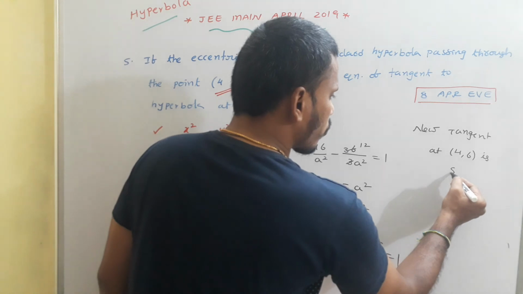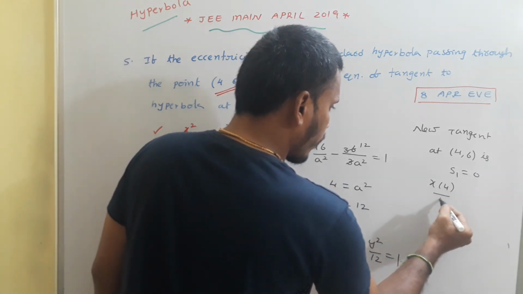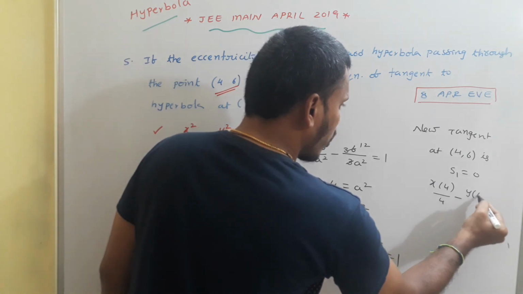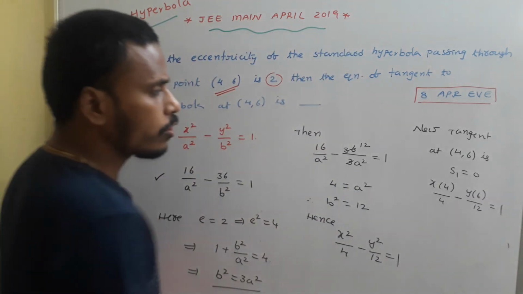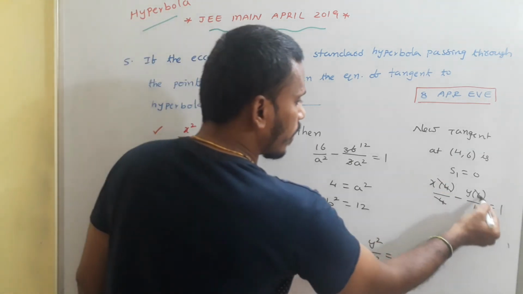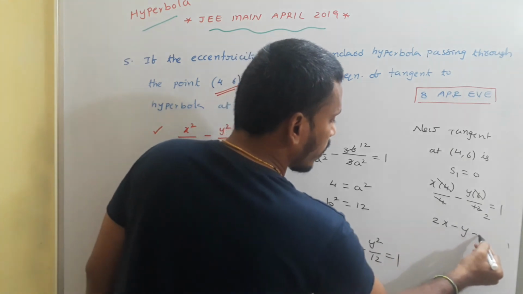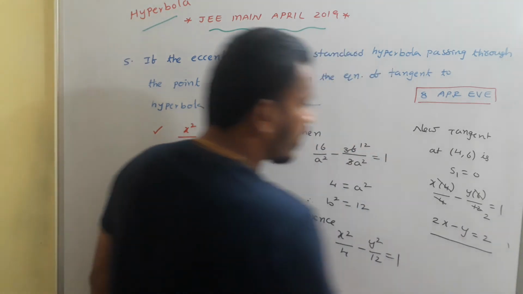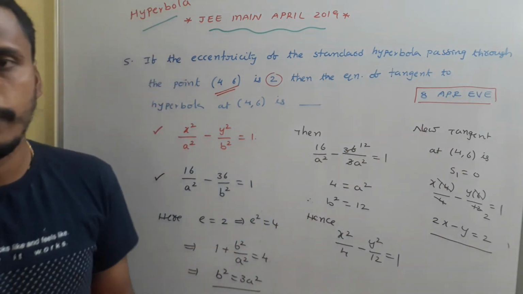Use S1 = 0, and that is nothing but x·4/4 − y·6/12 = 1. So try to simplify this. Cancel out the 4, and 6 twos are 12, and then 2x − y = 2 is the tangent for this hyperbola at the point (4, 6). Have a look.